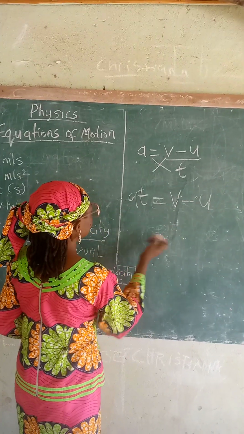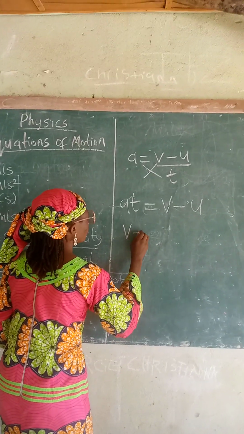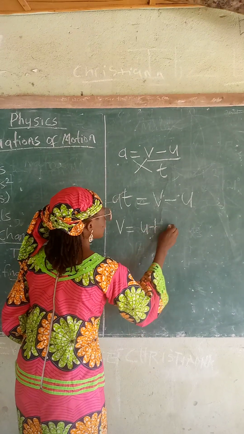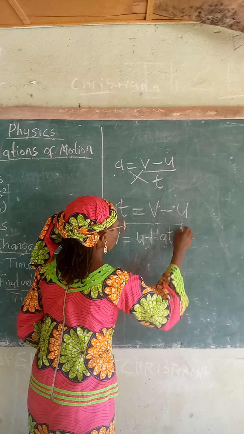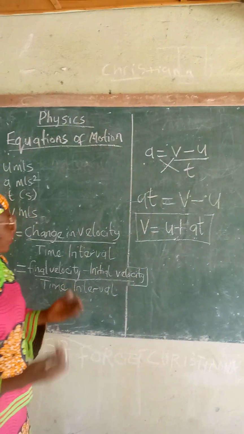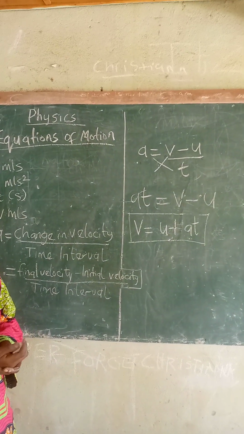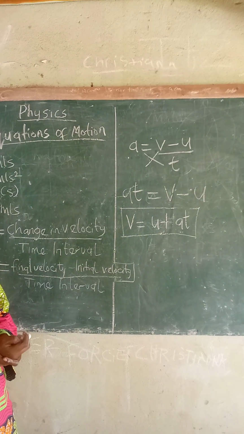If we add u to both sides, we have v is equal to u plus at. This is the first equation of motion.